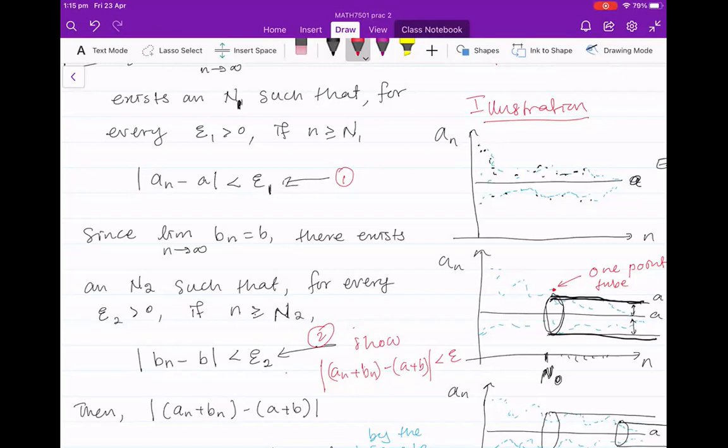Yes. What do you call that rule? Kai. You split the absolute value into two parts, but you say it's less than or equal to. What do you call that method?